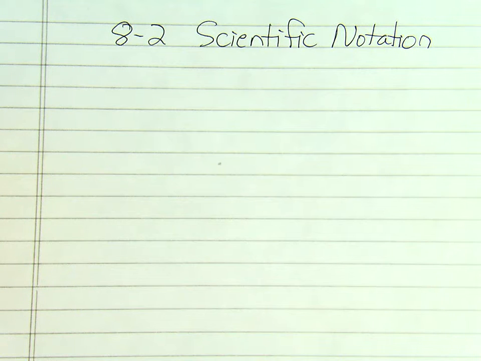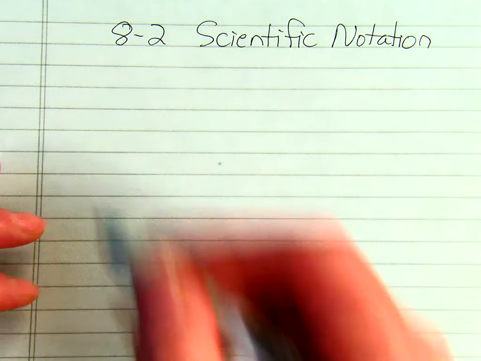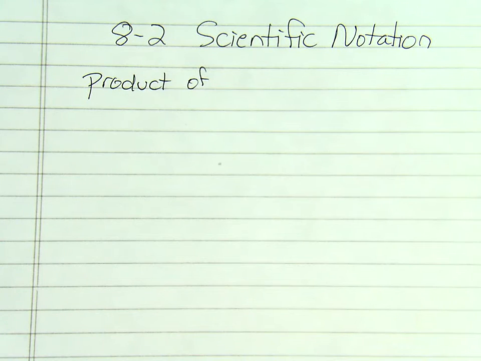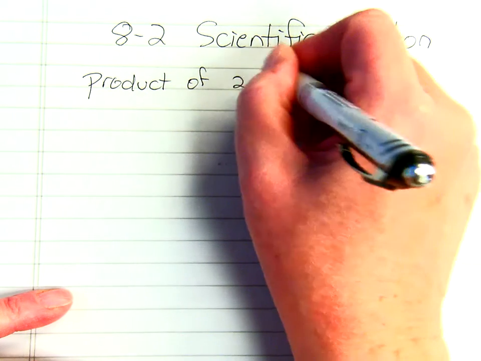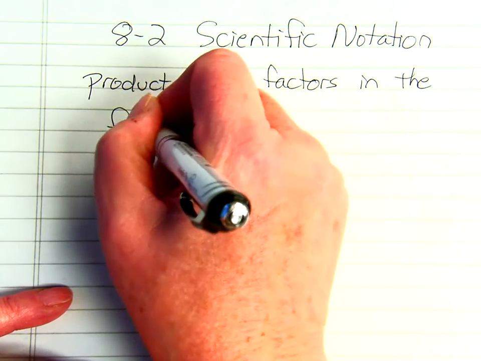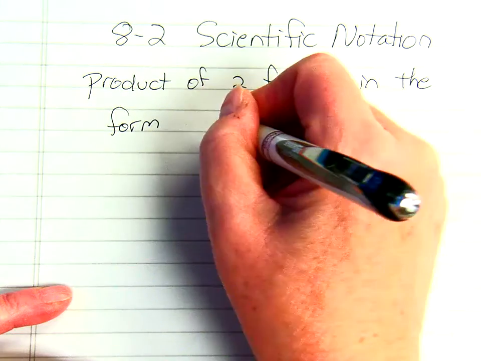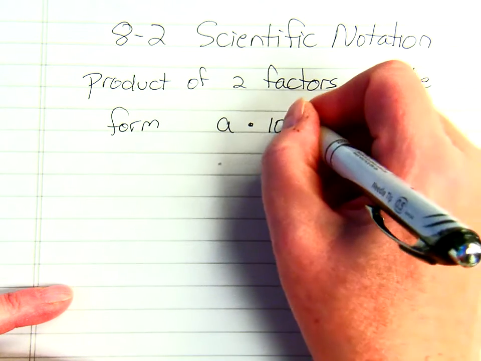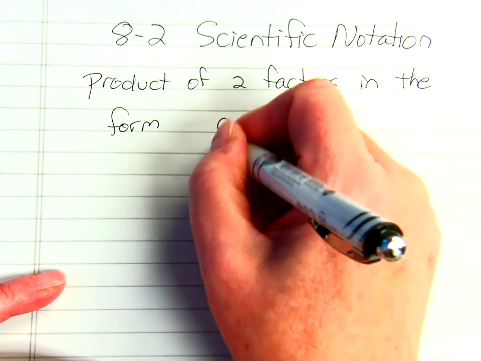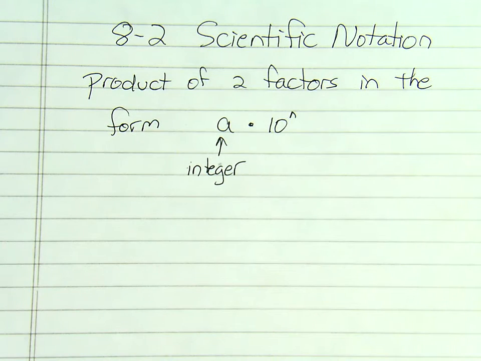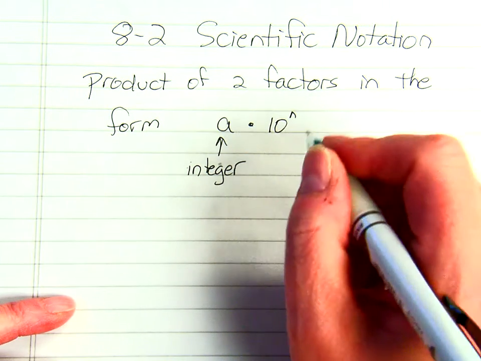To have a number in scientific notation, it is written as a product of two factors in the form A times 10 to the n, where A is an integer and it has to be greater than or equal to 1 but less than 10.